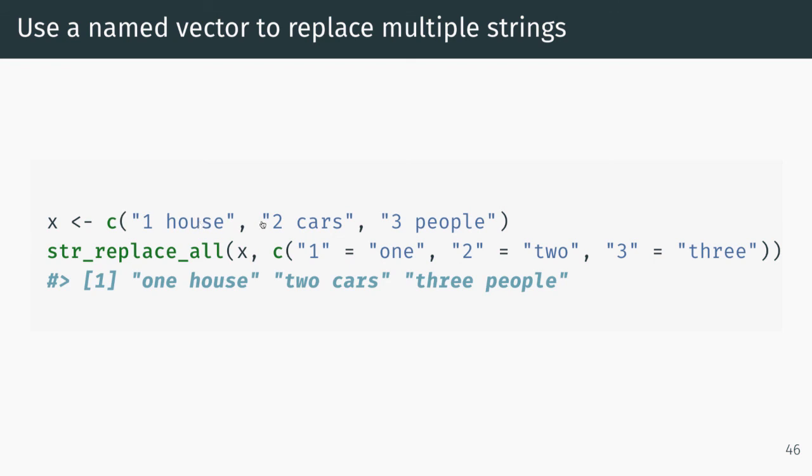It could be 3 people, 2 cars, and 1 house, or any other combination. It would still recognize this exactly the same way and would replace each occurrence of the numeral 1 with the word 1, each occurrence of the numeral 2 with the word 2, and each occurrence of the numeral 3 with the word 3.